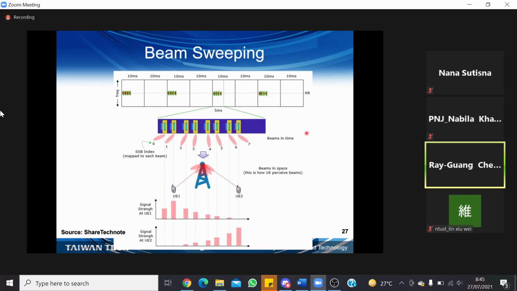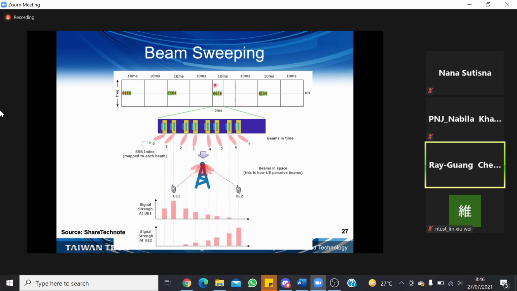That's what they are doing in 5G. I will quickly go through the concept of beam sweeping. Beam sweeping allows a user to notify the base station which beam is best. In this case, this is the time. We just mentioned the basic unit is the frame.